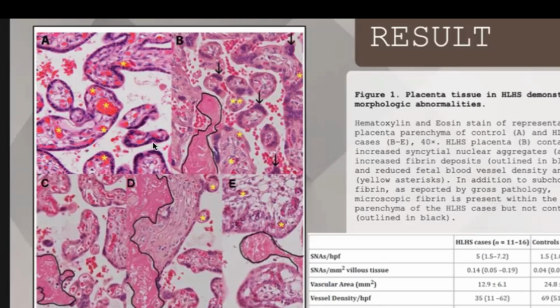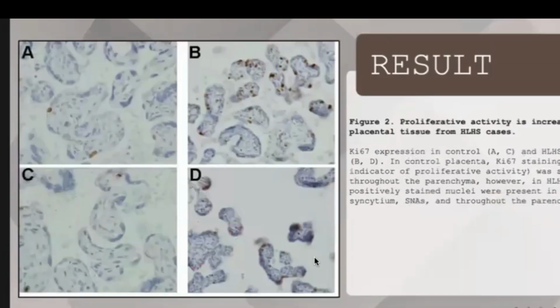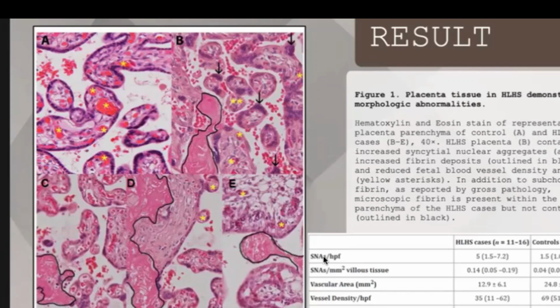So this is what this outline is showing. These black arrows here are showing the syncytial nuclear aggregates. And so whenever there's aging of the placenta, or they kind of get tired, they produce these nuclear aggregates. And so that's not what we want, because then it continues to reduce the amount of oxygen that's getting into the fetal blood vessels.